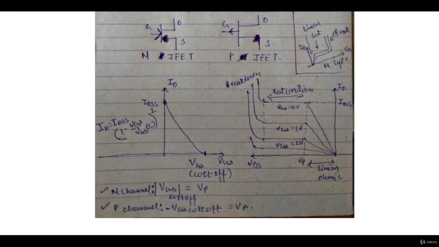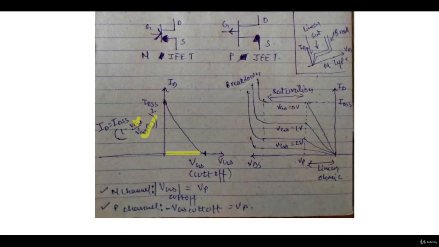So I hope it is clear after learning n channel type JFET. P type also works in exactly the same manner, it is just a bit different. One more thing I wanted to mention: here the VGS value is positive. You can see we are in this range, and VGS cutoff is also positive.